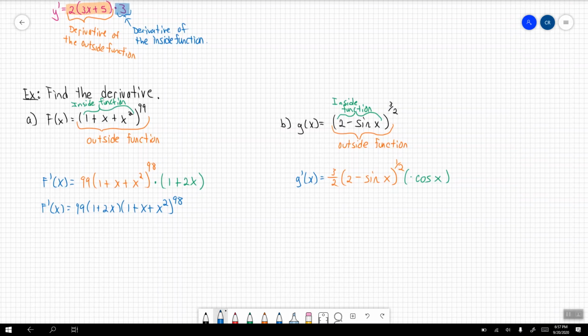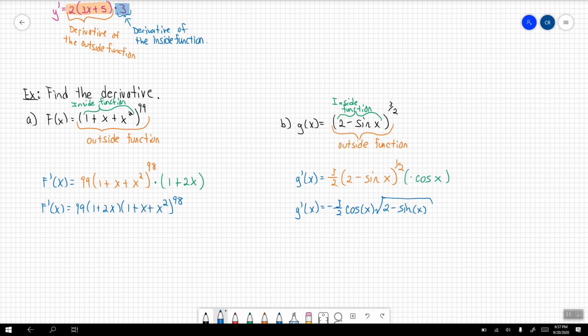All I have to do is clean it up just a little bit more. g prime of x is going to be equal to negative 3/2 multiplied by cosine of x, multiplied by the square root of 2 minus sine of x. There we are, and there's g prime.